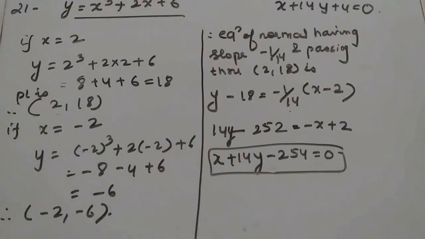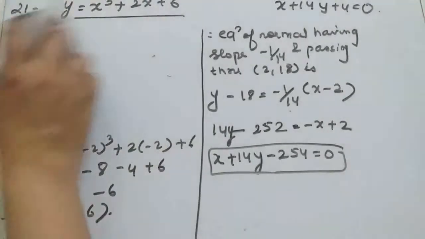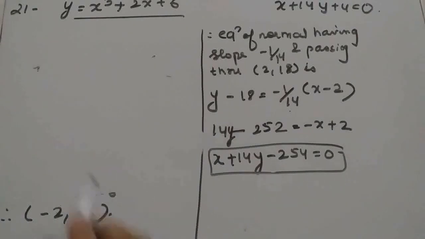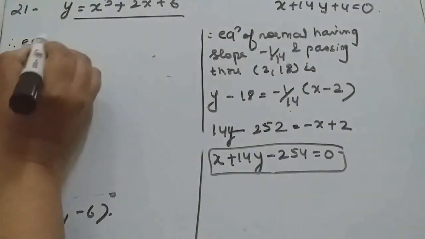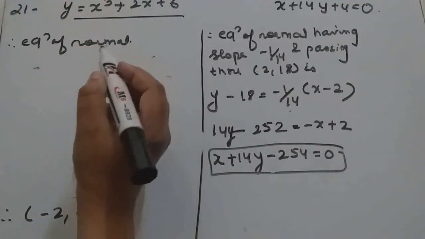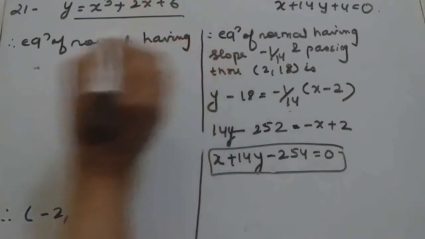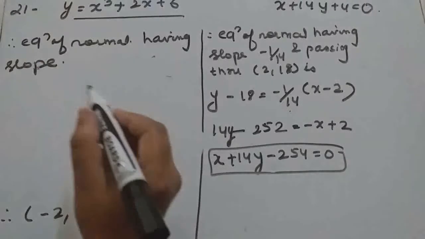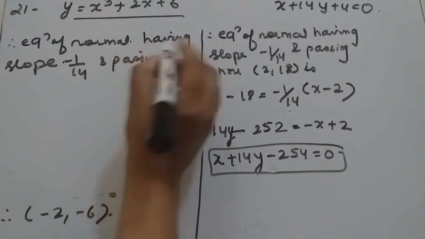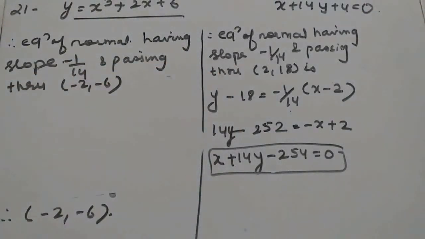And now the equation of normal at this point. So the equation of normal having slope minus 1 by 14 and passing through minus 2 comma minus 6.